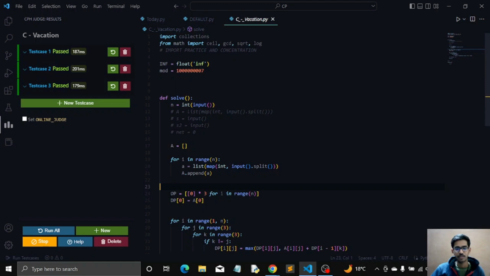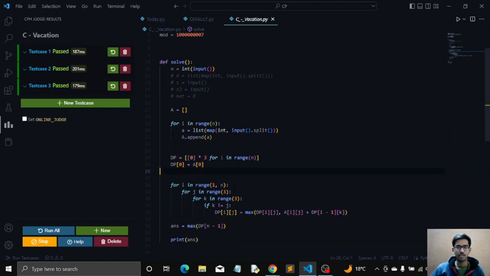Now after that, we are initializing our DP table, which will be of the same size as the input given to us. So if there are n days in our vacation, our DP table will be of size n cross 3, because there are 3 different activities, and n because there are n days in our vacation. Next, we know that the first row of our DP table will be same as the first row of the given input matrix, as we have already discussed.